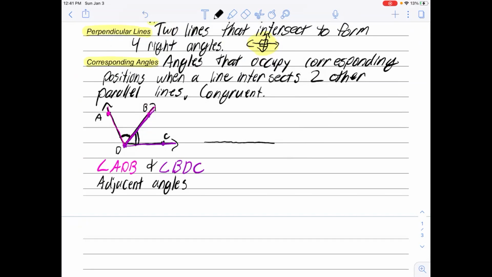Now, I could also have adjacent angles that look like this. Here I'm going to name my points E, F, G, and H is my center one.